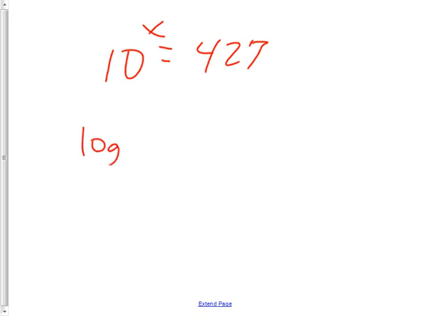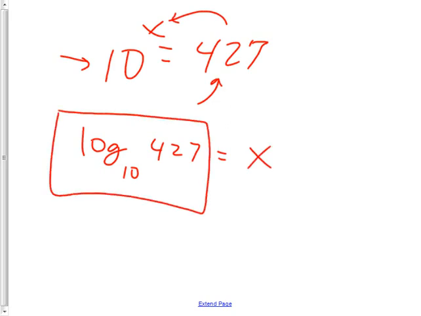Okay. You could have said log base 10 of 427 equals x. You go over here, 427, and then you come here, goes x. Now, a calculator could calculate that as log 427 over log 10, but that was a dumb way.